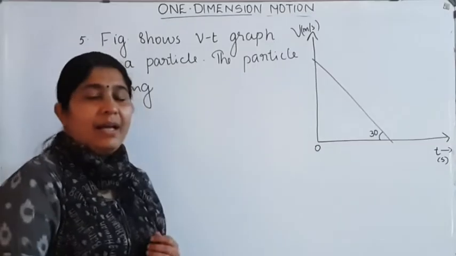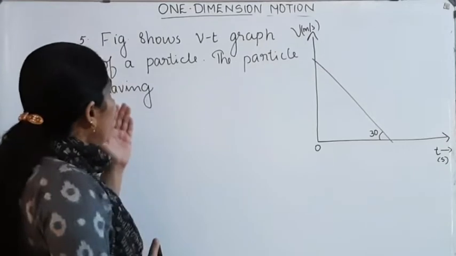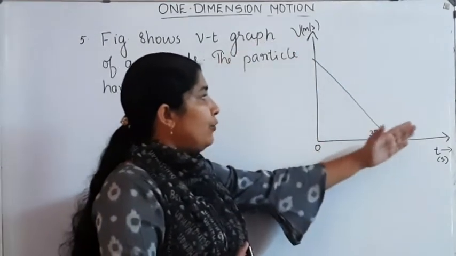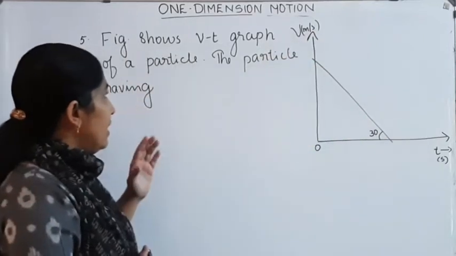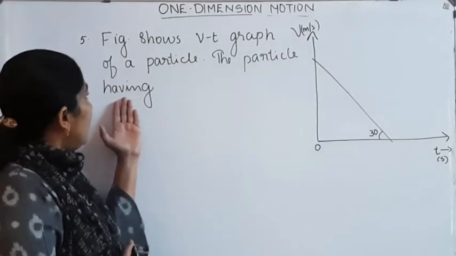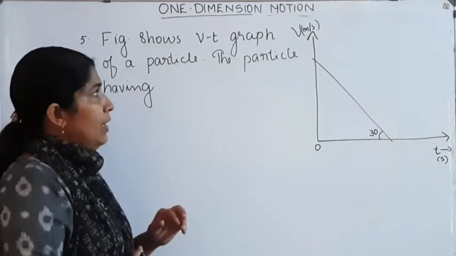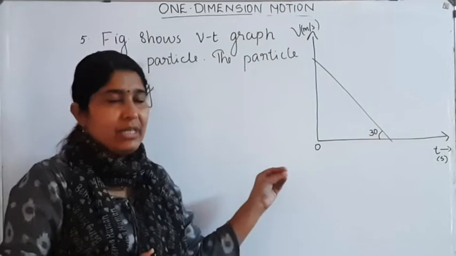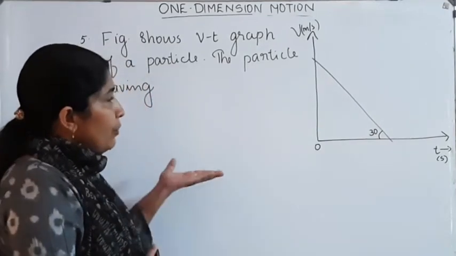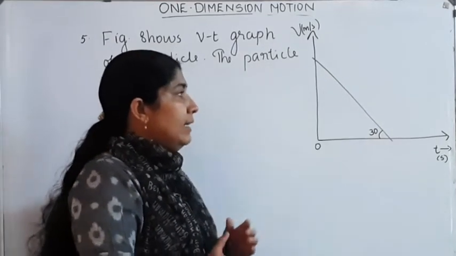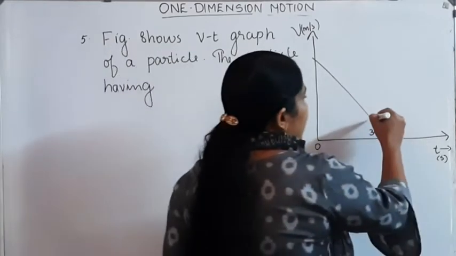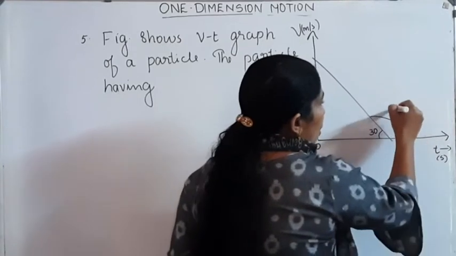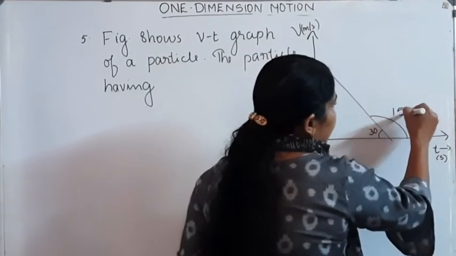Okay. Our next question. Figure shows velocity time graph of a particle. We want to find out the acceleration and which type of acceleration is there. From the graph, it is very clear that the angle here is equal to 30 degrees, so here it's equal to 150 degrees.